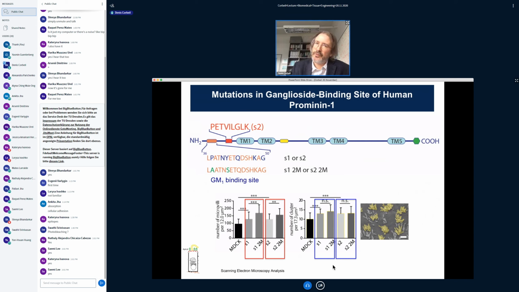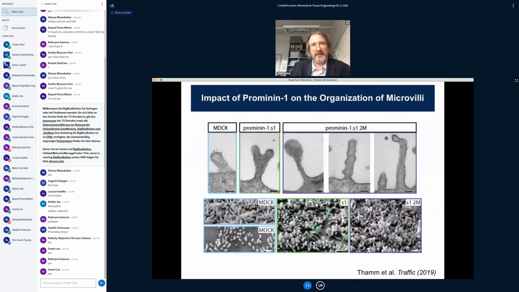But now when we start to look in more detail at how the microvilli look after overexpression, we come up with quite a big surprise. As you can see here, a small microvillus in normal condition is single, going straight forward. When we overexpress the wild-type prominin-1, we found something striking.